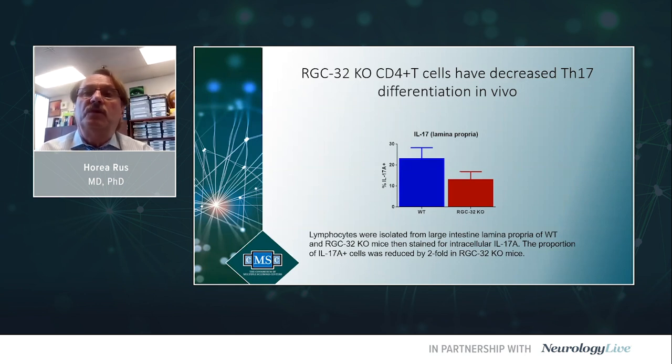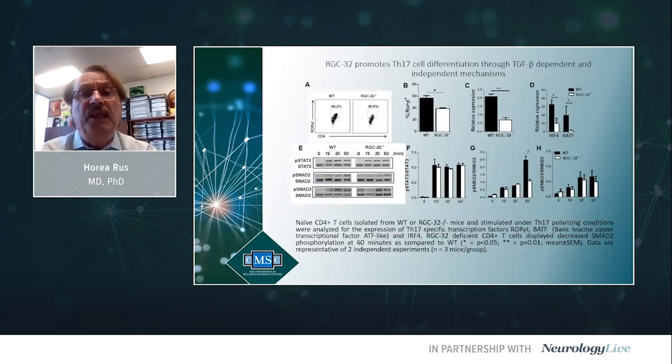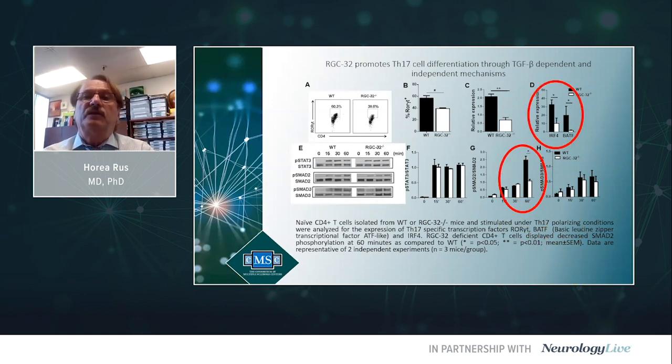It also reduced Th17 differentiation in vivo in the lamina propria of the large intestine. In the knockout mouse, there's significantly less IL-17 than in wild types. And we also looked at the mechanisms which are important for RGC32-induced Th17 differentiation.